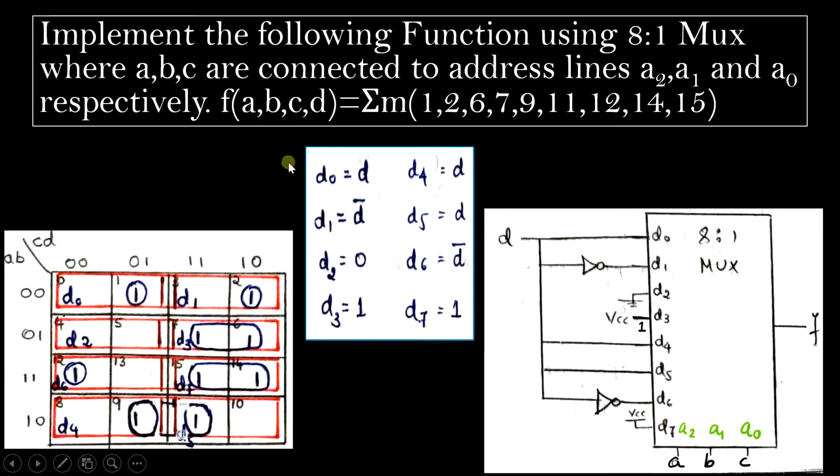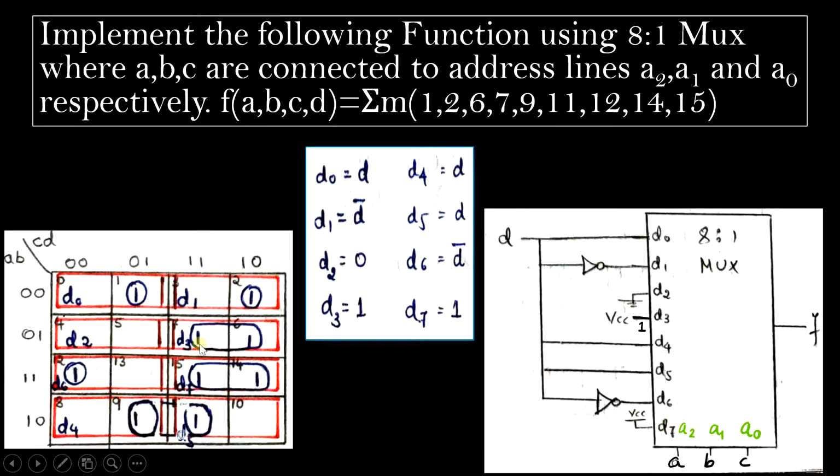So for the first case, you can see that D0 is equal to 0 and 1, which is the same as that of D. So that is why D0 is equal to D here. And in this case, you have 1, 0. So this becomes the complement. So it is D bar. In this case, there are no terms for D2.